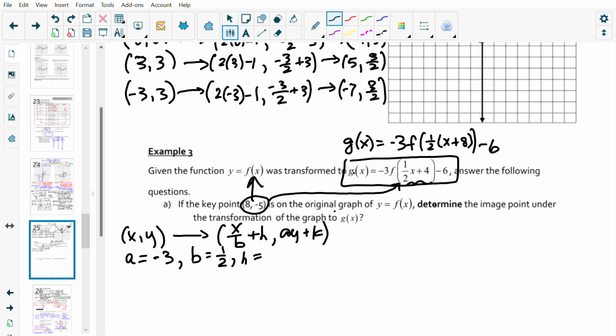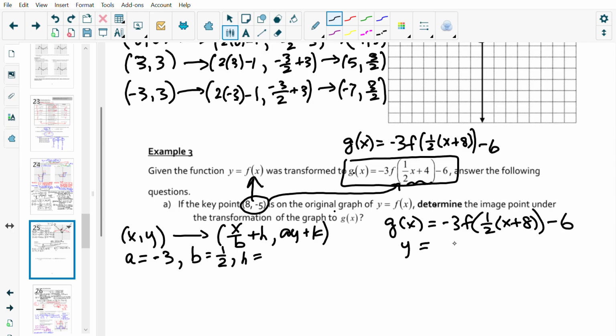H value here, okay, remember the general transformation model. So let me write this over here. G of x equals -3 f of 1/2 x plus 8 minus 6.